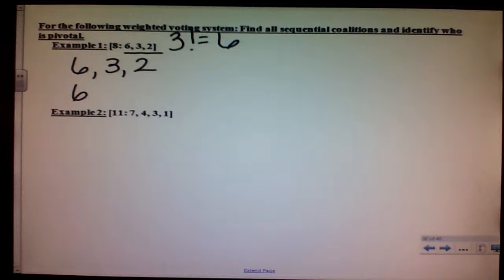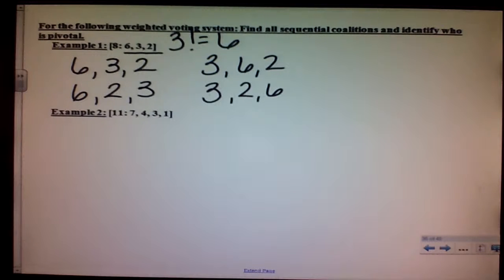Then 6, 2, and 3. I always keep that leading number. Then I flip-flop to 3: 3, 6, 2, and 3, 2, 6. Then 2, 3, 6, and 2, 6, 3.